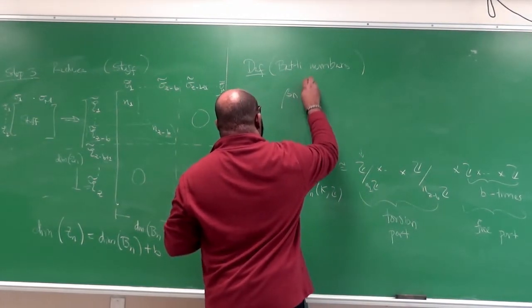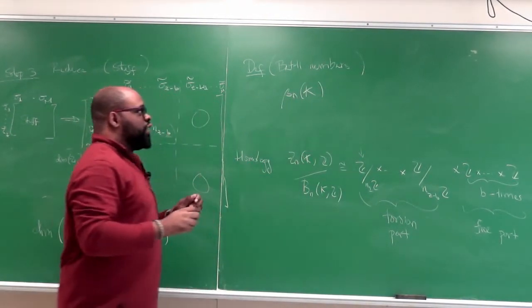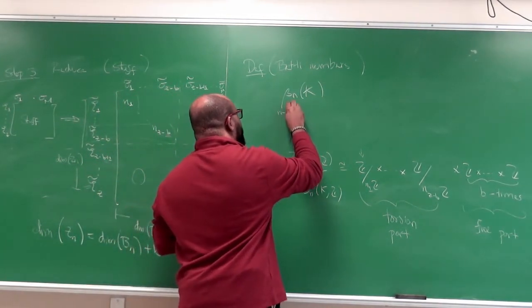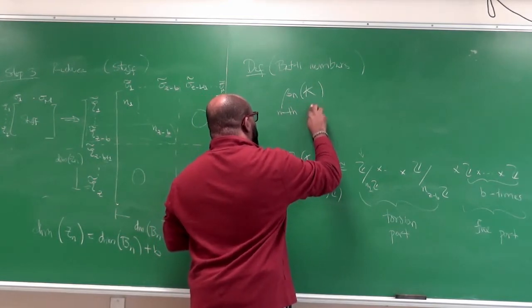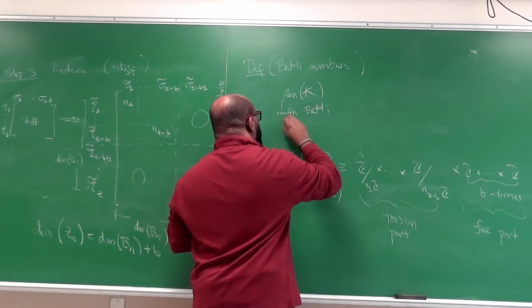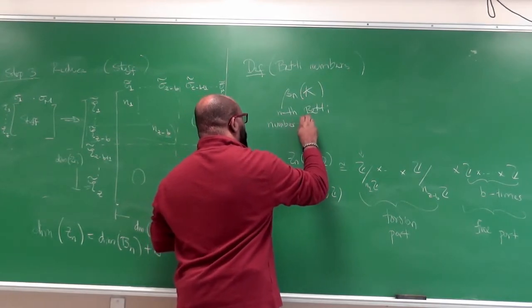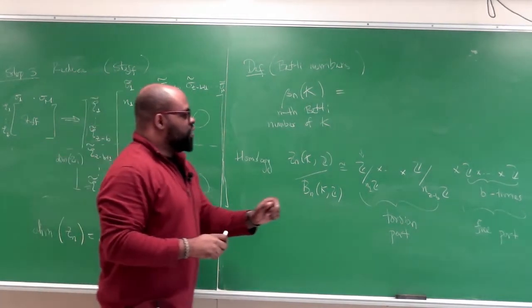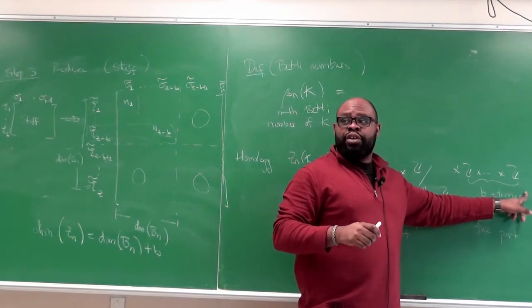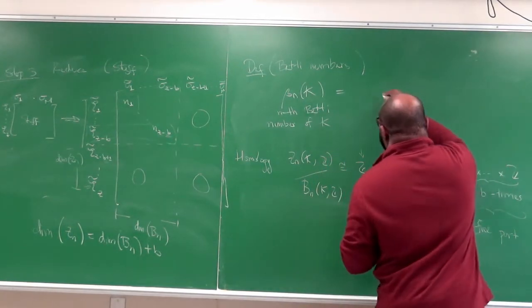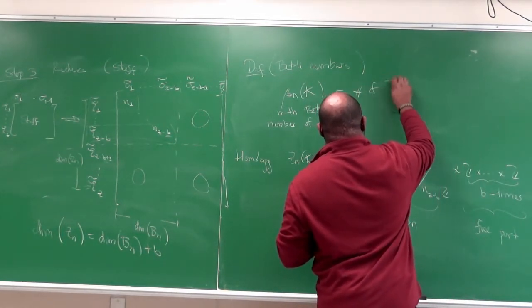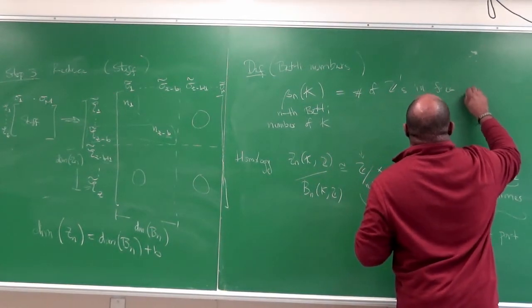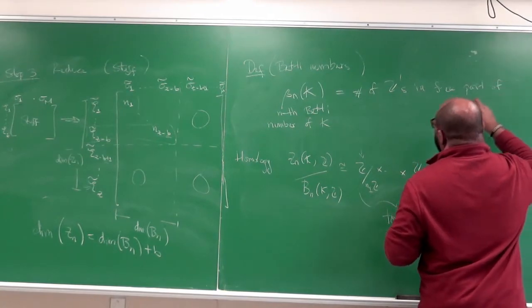So beta n of K, the nth Betti number of K, is equal to the number of Z's in the free part of Hn.